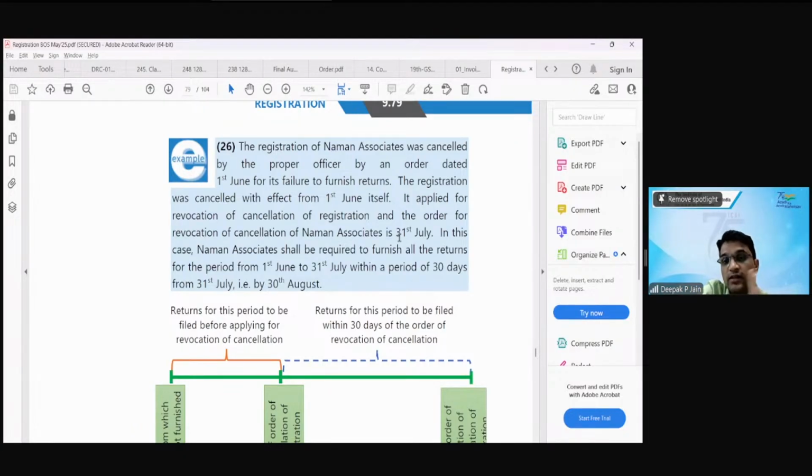June, then end of July. In this case, Naman Associates shall be required to furnish all the returns for the period from 1st June to 31st July within a period of 30 days. With this, from 31st July, 30 days will become 30th August. So for that period, from where he is cancelled till the date of revocation, that period from 1st June to 31st July, he has to file by the 30th August.